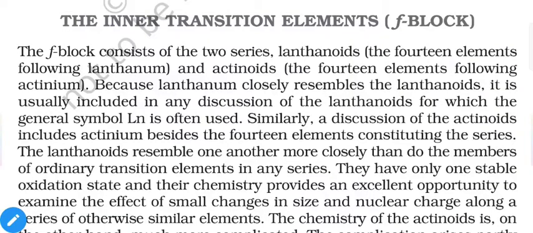F block elements are also known as inner transition elements because they use an inner orbital as the transition orbital. Transition, as we discussed earlier in the case of d orbitals, means that when the doubly degenerate d orbitals, that is t2g and eg orbitals, split, an electron jumps from a lower energy d orbital to a higher energy d orbital by absorbing light radiation.